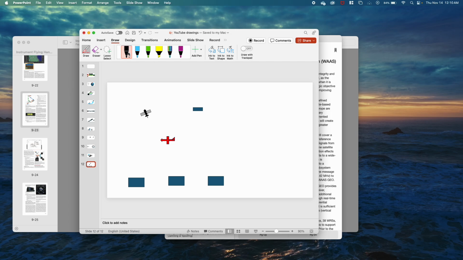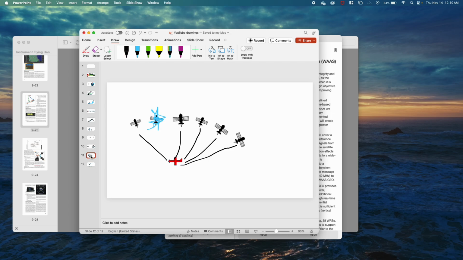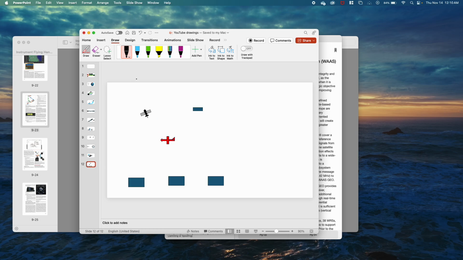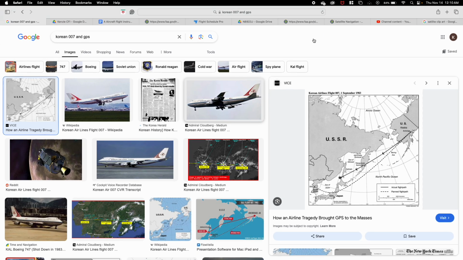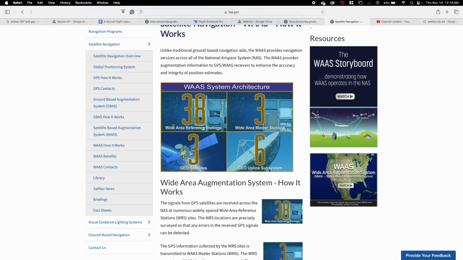Anyways, how WAAS works. Here's a normal GPS satellite, like what we were talking about up here. It takes data from this satellite, and instead of going to your plane right away, it's going to send it to the ground. And we can see the names of all the different stations right here. The first station is called a reference station on the ground.